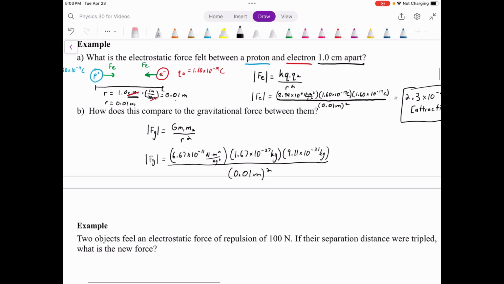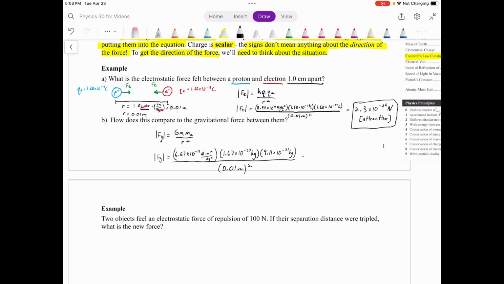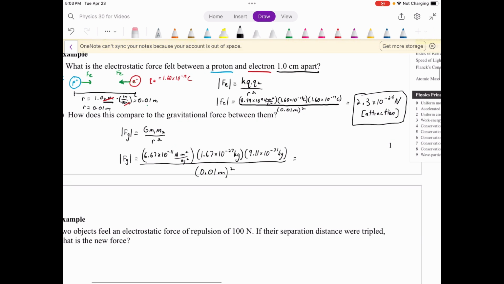So putting that all into our calculator, this is a good chance for you to practice. It's not one of those things you want to realize you don't know how to do on a test or the diploma. So maybe pause the video, try calculating this out, and see if you get the same thing as me, which was 1.0 times 10 to the negative 63 newtons.